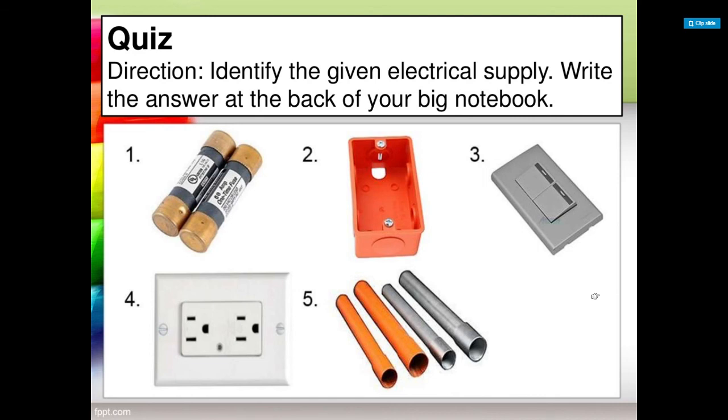Write the answer in MS Teams or PM it to me, because I don't require you to use a notebook. You're just going to name these electrical supplies. Once again, I would like to remind you, if there are different types of a certain material, then please be specific with the type of that electrical material.